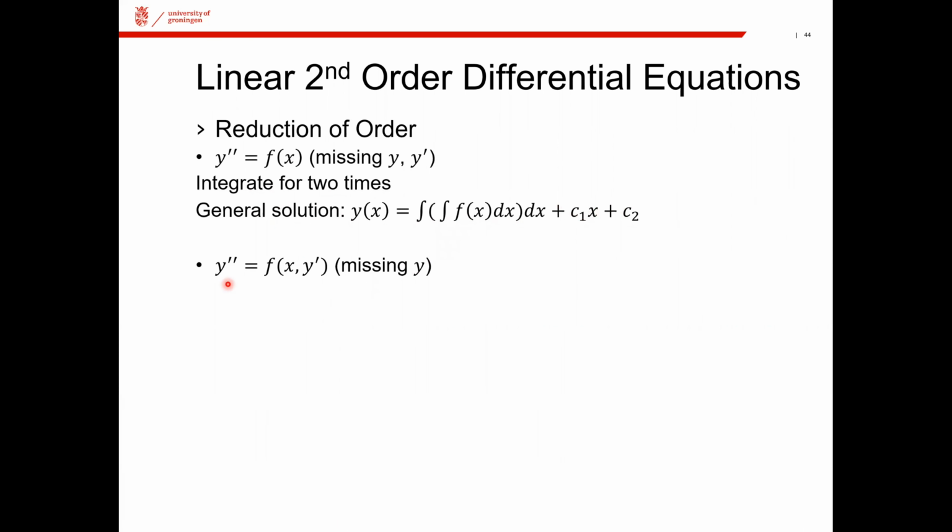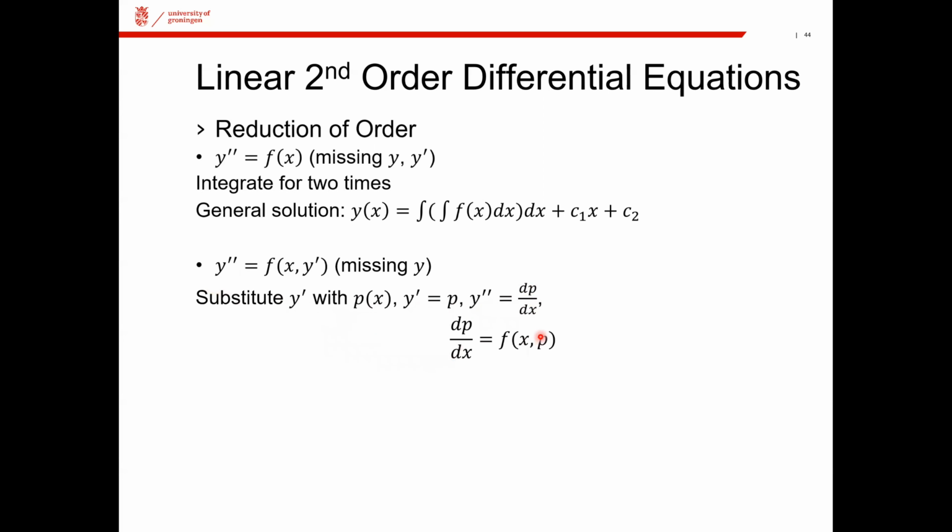And so in this equation, y is missing. So we substitute y prime with px. So y prime equals p, and y double prime equals the derivative of p with respect to x.